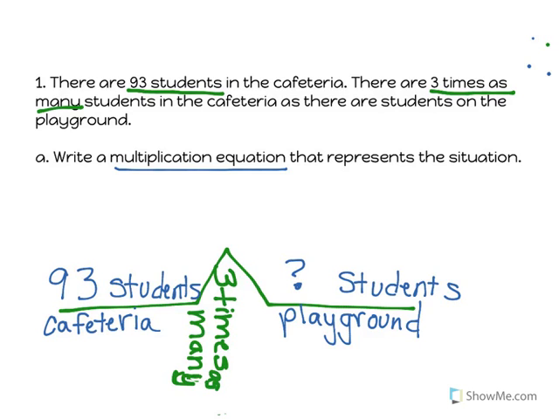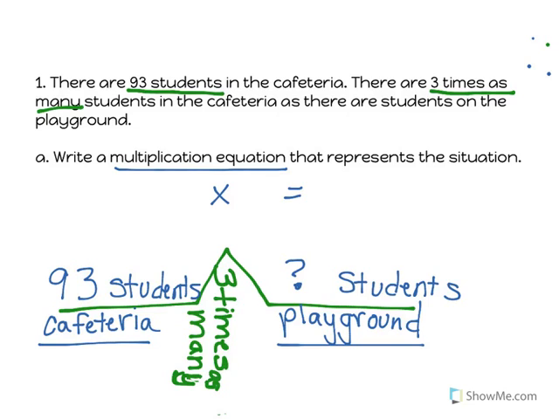There are 3 times as many students in the cafeteria as on the playground. So if I'm writing a multiplication equation, which, according to our problem, are there more kids in the cafeteria or on the playground? Maddie?